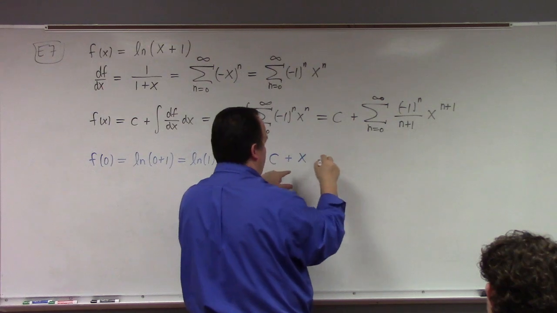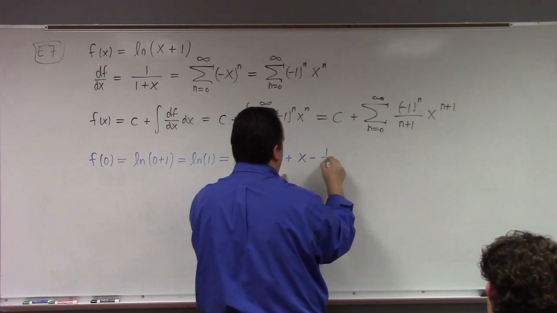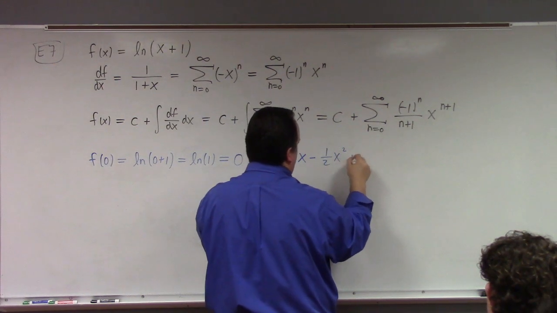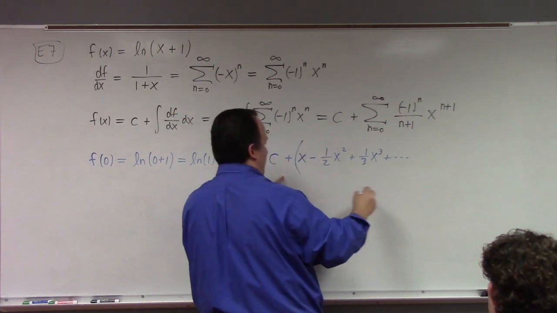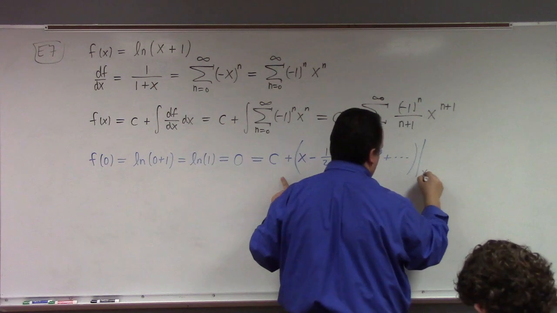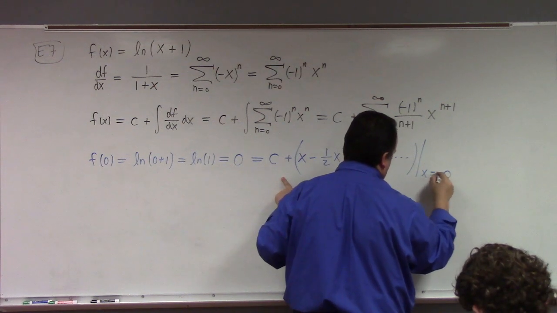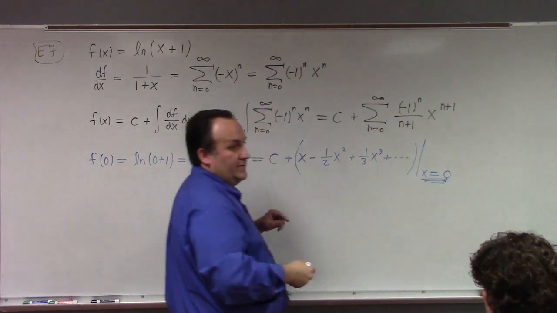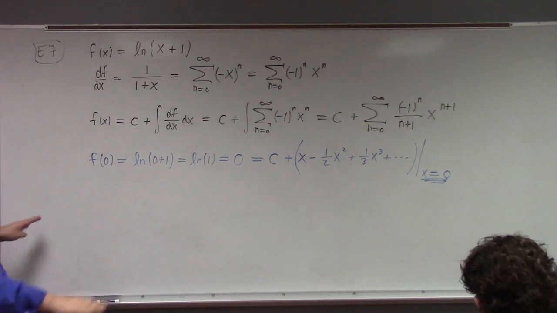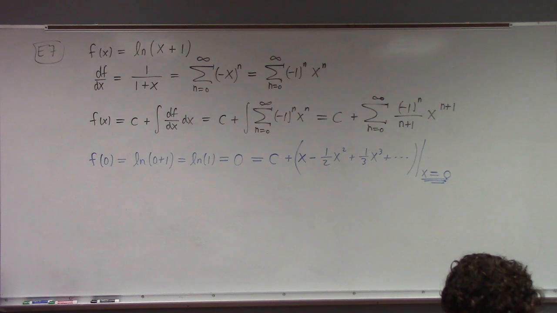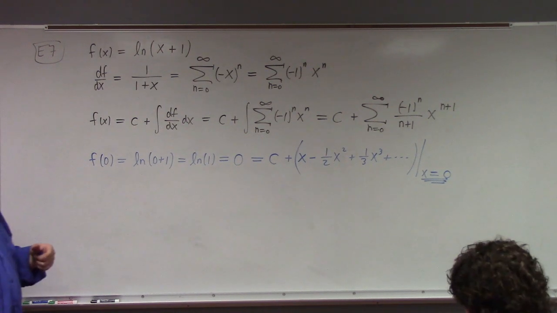Plug in n equals 1, you get minus 1/2 x squared plus 1/3 x cubed plus dot dot dot. I wrote it out symbolically like this, but what are we doing? We're putting x equal to 0, right? So all of that is gone, right? It's all 0. So look, the constant is 0.